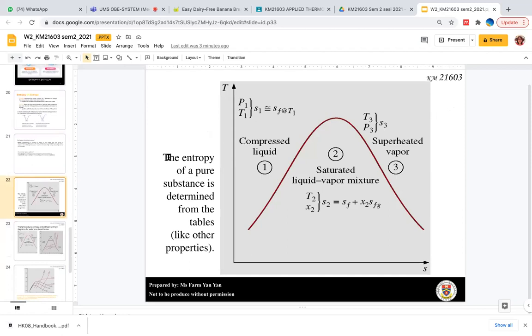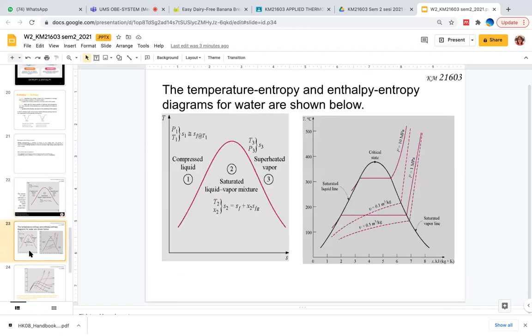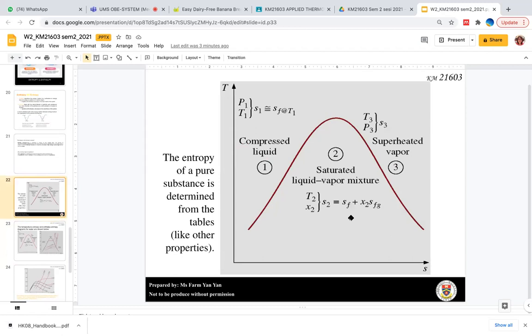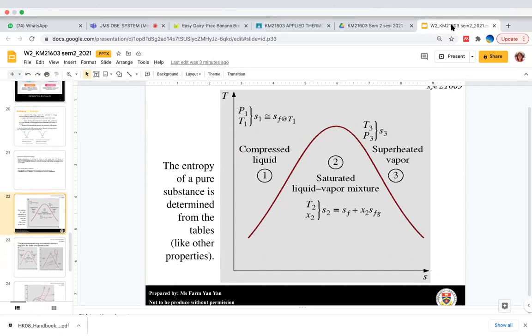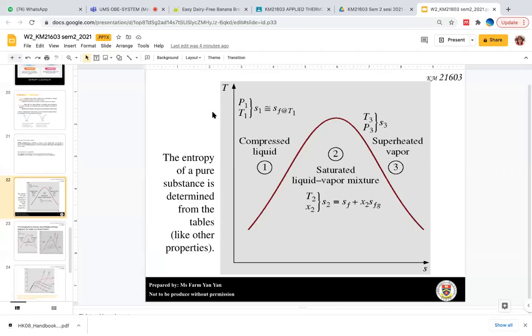I think this chart has a clear statement. Let's look at the TS diagram. When S is increasing, the first region is compressed liquid and it changes to superheated vapor.